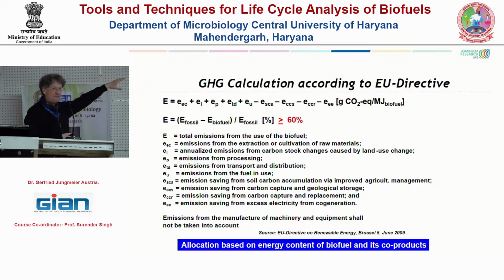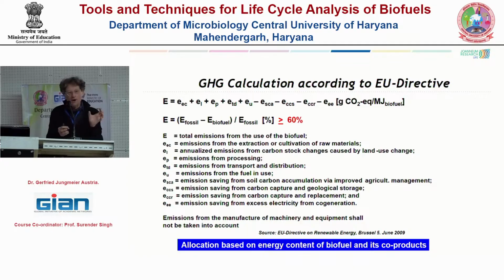You don't need to understand the formula, but it's at least a somewhat simplified LCA calculation by looking at the emissions from the cultivation, emissions from transporting and distribution, emissions from processing, and emissions from the fuel in use. So at least all the relevant terms for the unit processes are summarized here, and it's a minimum of 60%.